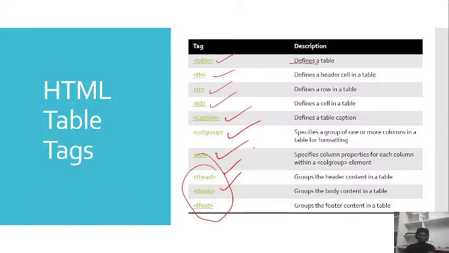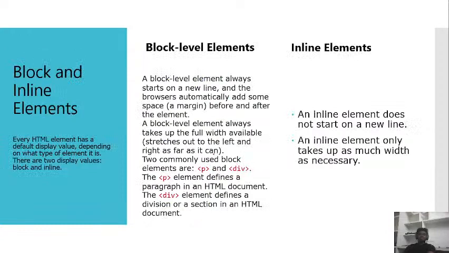If you want, you can go through these things. Then we have to discuss the block level and inline elements. Block level elements are nothing but, for the entire block, that property is going to be satisfied. For example, we have a heading, right?